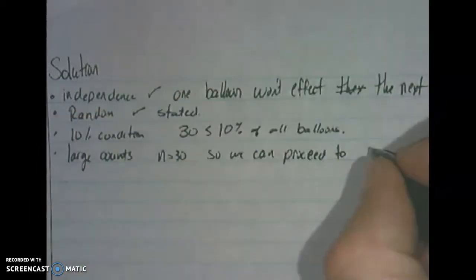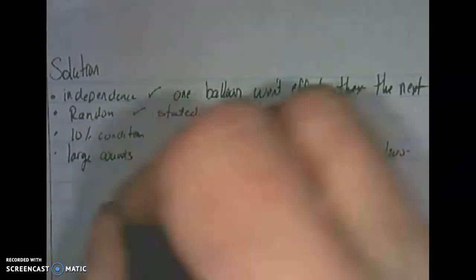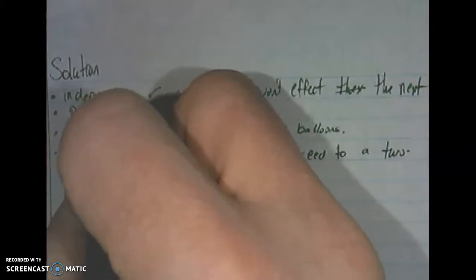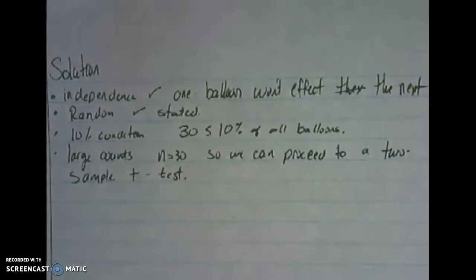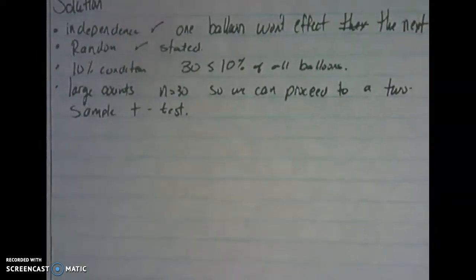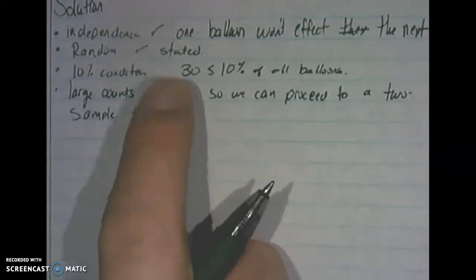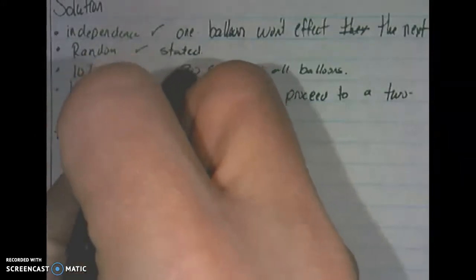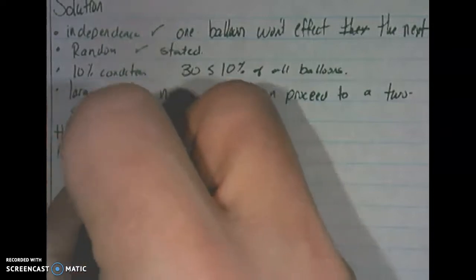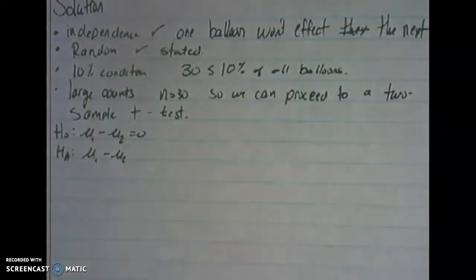I like the fact that they gave us this large counts. That was nice. All right. So H naught, the mean difference, has got to be 0. Our alternative hypothesis, it says, does the helium deflate faster?